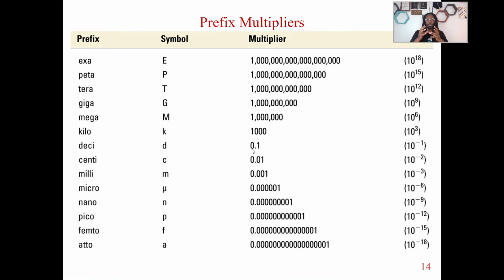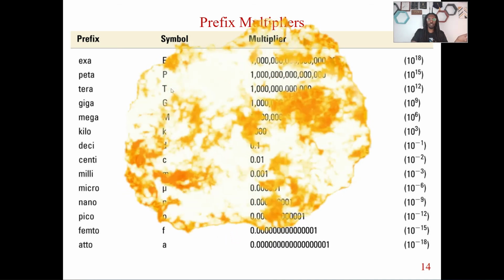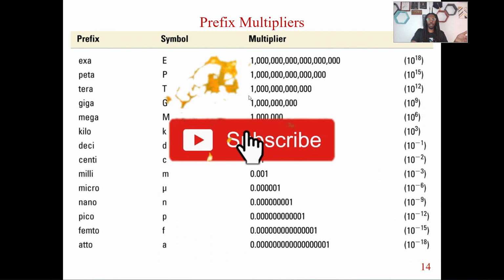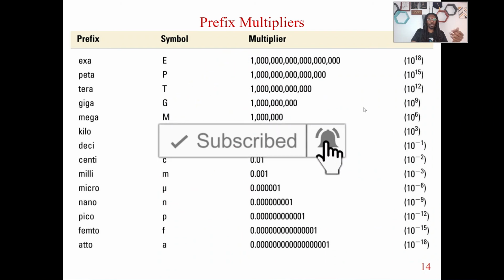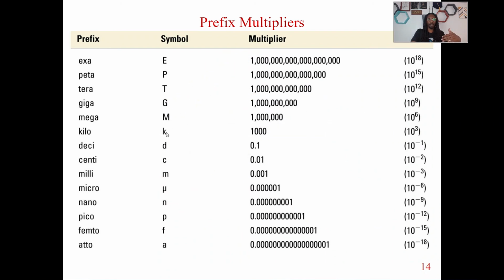So I've got my meters here. If I want kilometers, that means I need to multiply my meters, my base unit, by 1,000, my multiplier. And this is going to let me know that I have kilometers. If we take it a step further, we can see our multiplier is 10 to the 12, giga, etc.